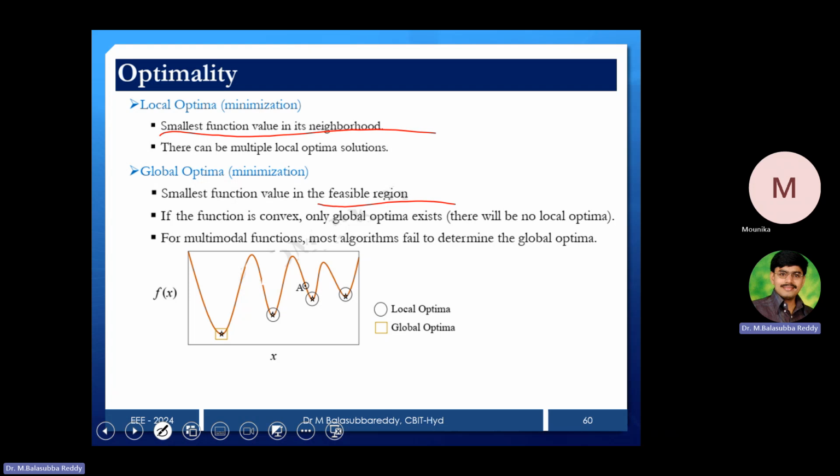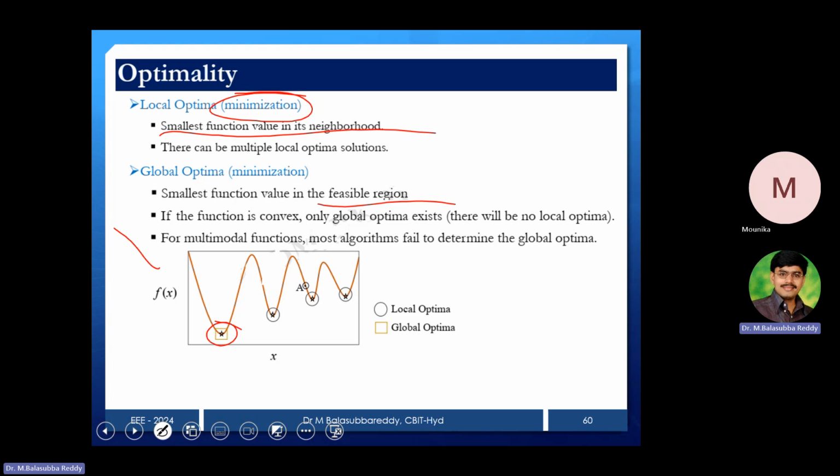Now we can see the optimization or minimization problem mentioned here. I want to know what your minimum function value is. In that case, we can observe that the lowest value is your minimum optimal value. So this is the way we can get the minimum function value.